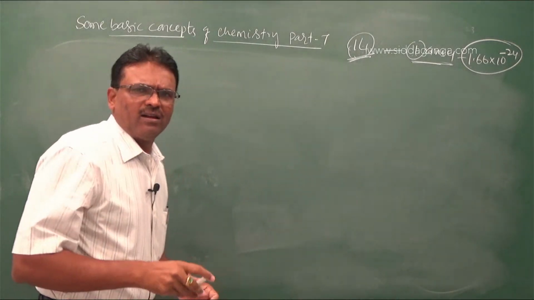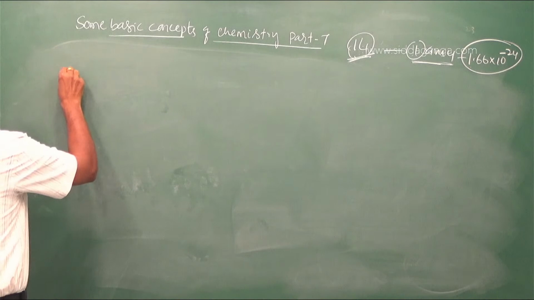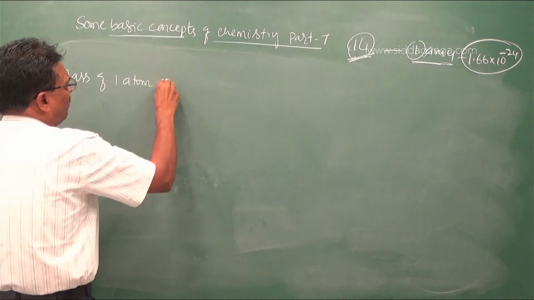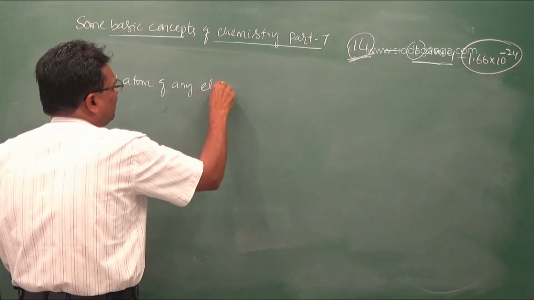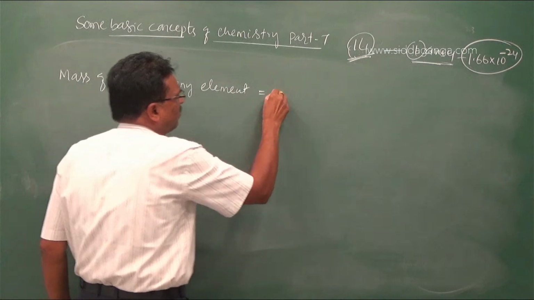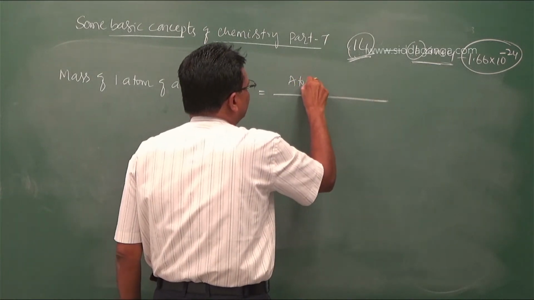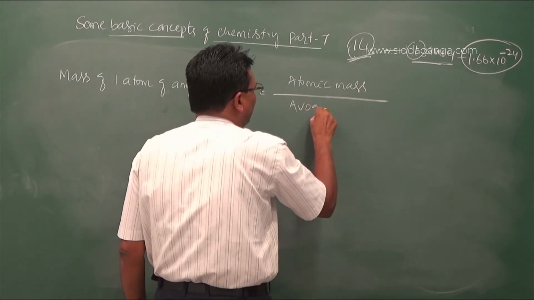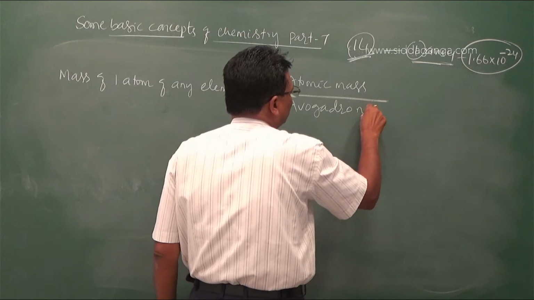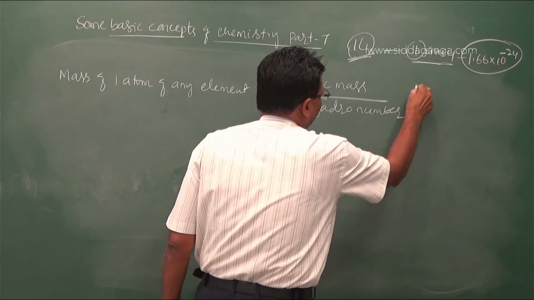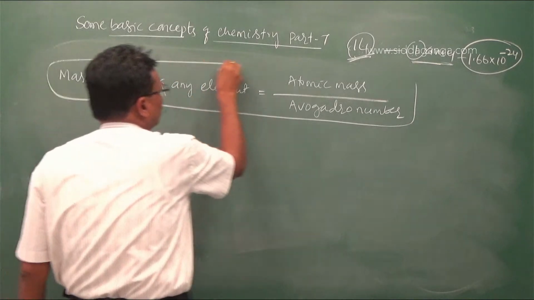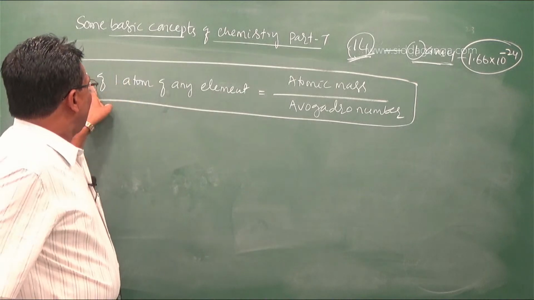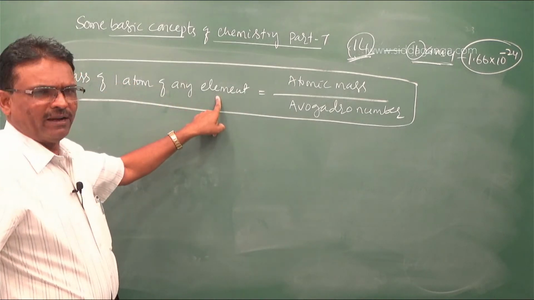So in general, mass of one atom of any element is equal to atomic mass divided by Avogadro number. This is one formula. Mass of one atom of any element.